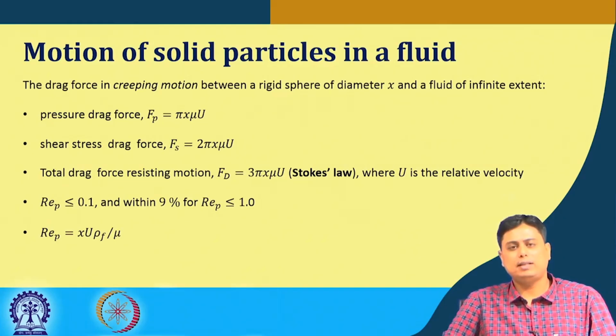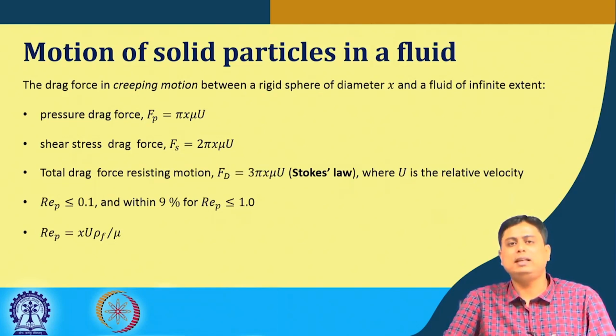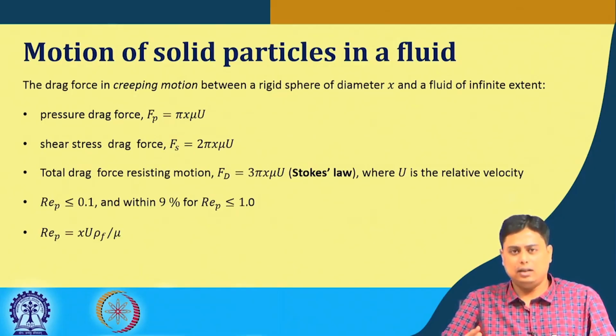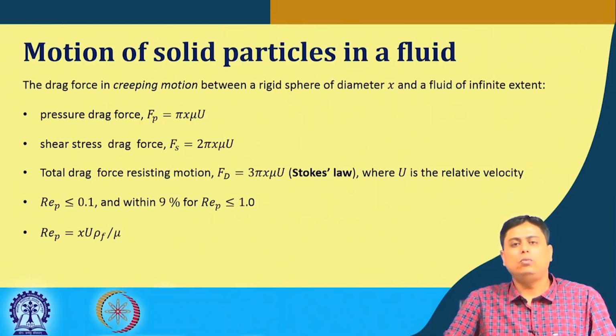Because we have discussed that when we try to separate, let us say, multiple particles by their size, we will see that particles of different sizes settle at a different rate. Based on that we can have size separation of several particles. So, for that we have to understand how much drag was acting on those particles.